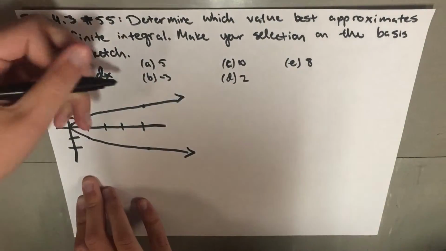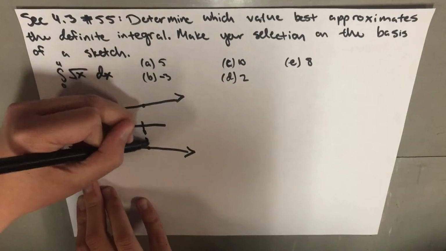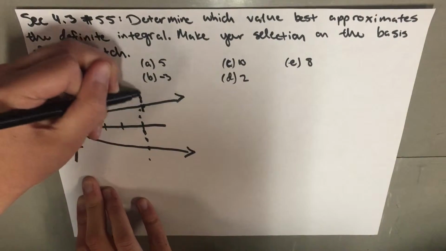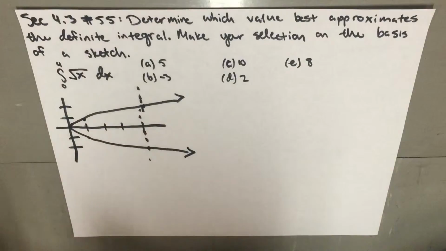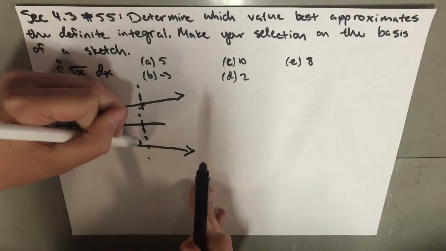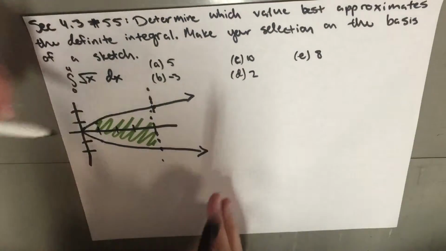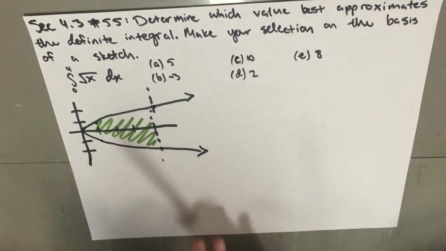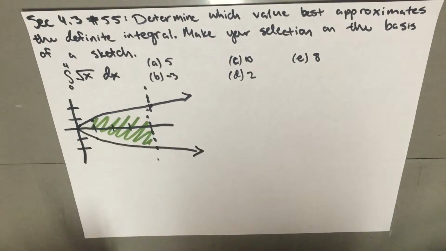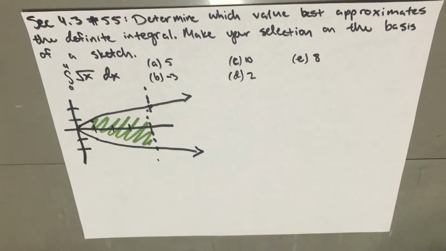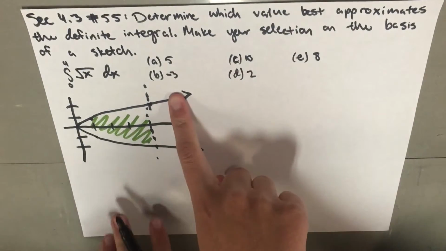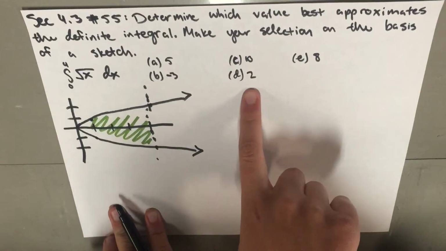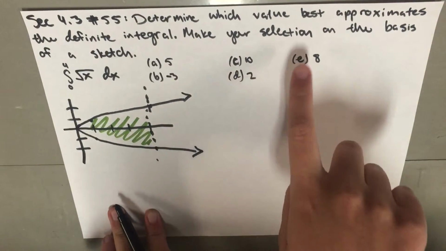And so we have this definite integral from 0 to 4. And let's just shade that in really quick. And we want to know which of these values, given here in our answer choices, will best approximate the area. And so we have 5, negative 3, 10, 2, or 8.